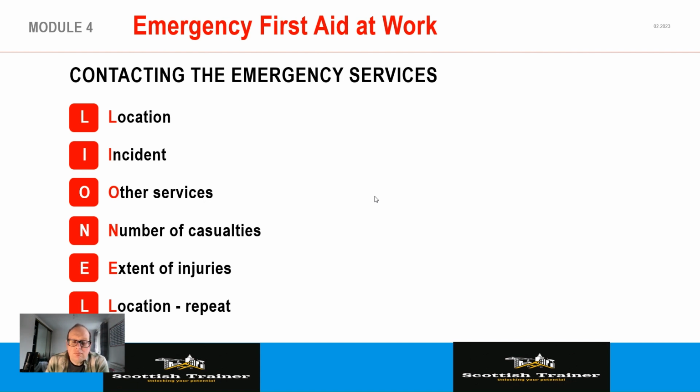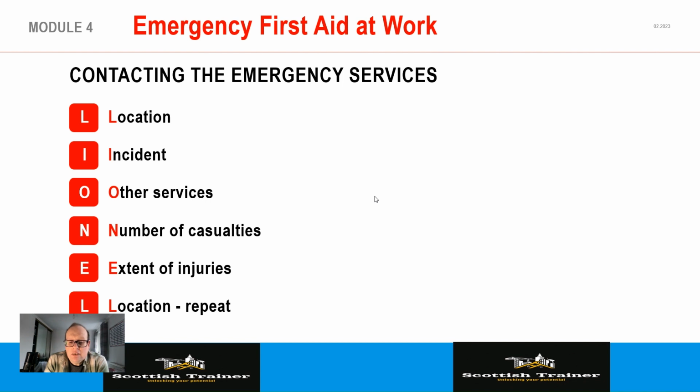So they will come a lot quicker than if you have someone that's fallen and got a fracture. Yeah. If you've got someone that's unconscious and is bleeding heavily, they will come quicker than someone that's dislocated a shoulder. Yeah. They will prioritise their workload to get to you quicker. Yeah. The more detail you can give them about the extent of injuries, the better prepared the ambulance service can be when they arrive. Yeah?